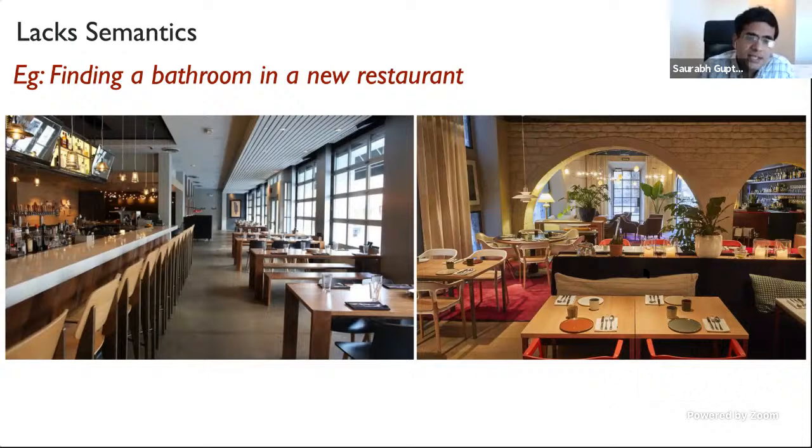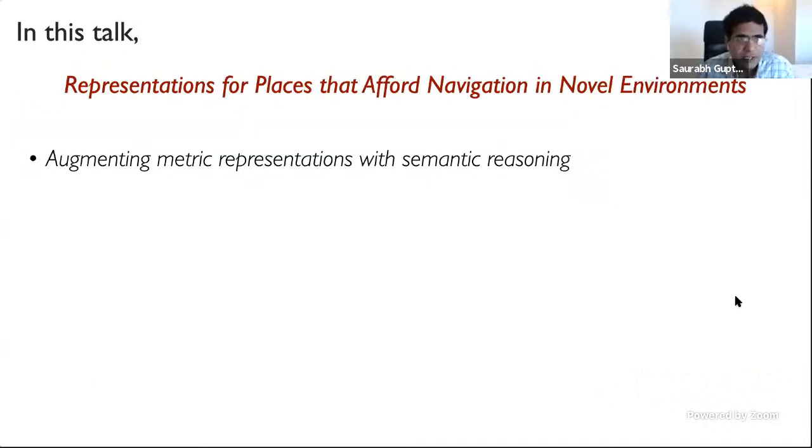And this is, again, some amount of semantics coming into play, which is, given what we are seeing, we can make speculations about where objects could be, and those could be useful cues for a robot to navigate in the world and so forth. So this is what motivates our representations for places for navigating in novel environments, where we will like to augment metric representations with semantic reasoning.